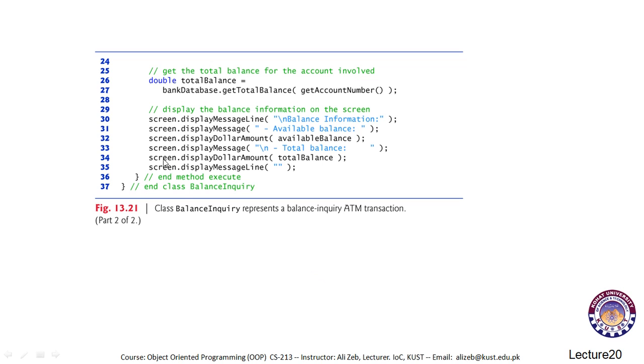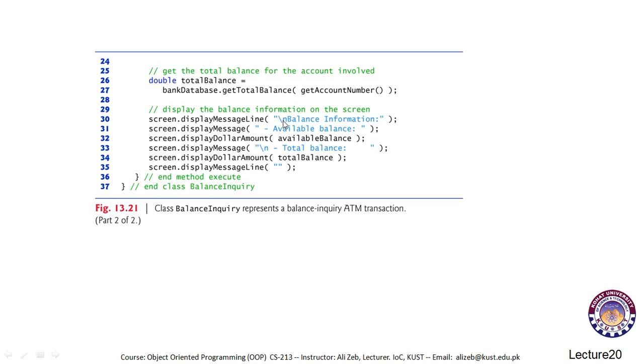And then it calls the screen class's methods to display all of the details on the screen. As you can see, we have different methods for displaying different kinds of detail on the screen, and all of those methods are being used over here.